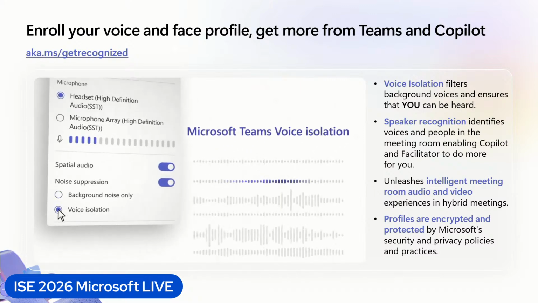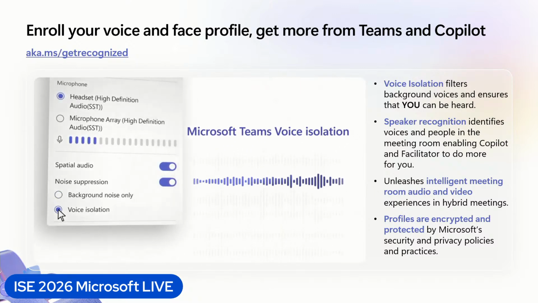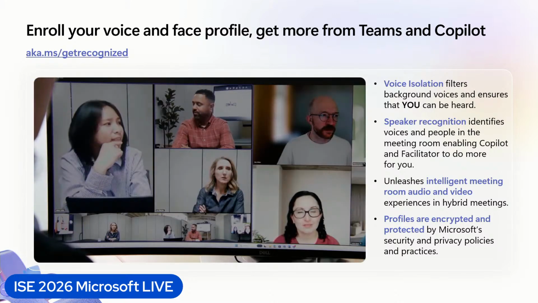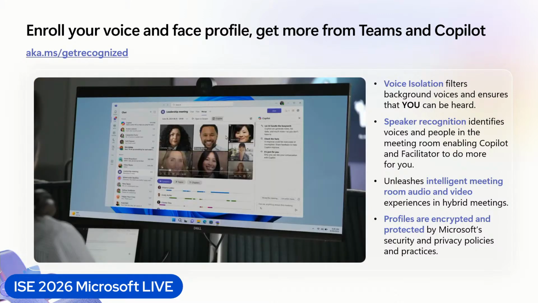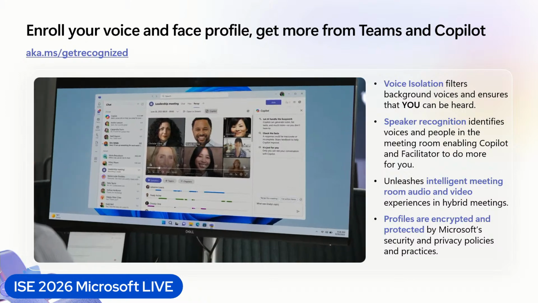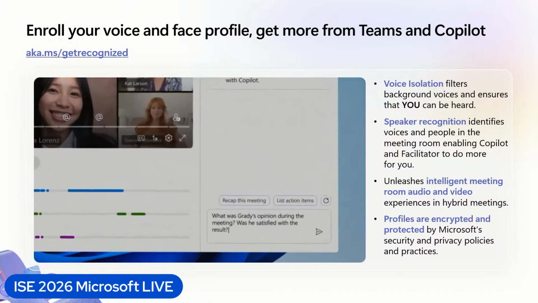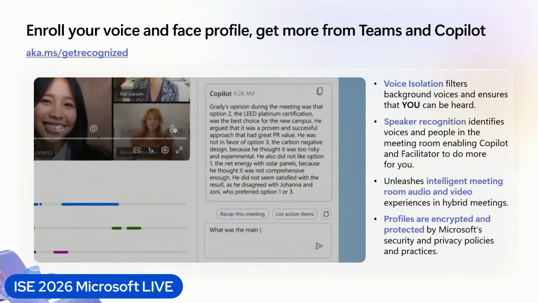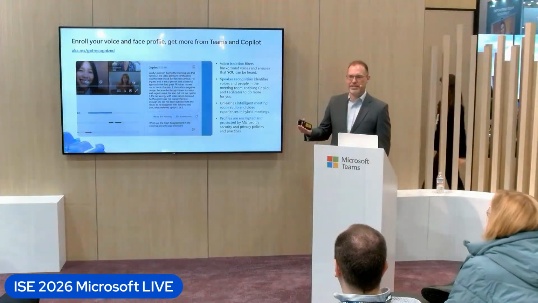Another important area for the technology is obviously in rooms. So in rooms, with voice recognition, we can now attribute speech directly to people that we recognize and that are enrolled in those rooms. Where that's really important is our strategy towards Copilot and Facilitator in Teams.